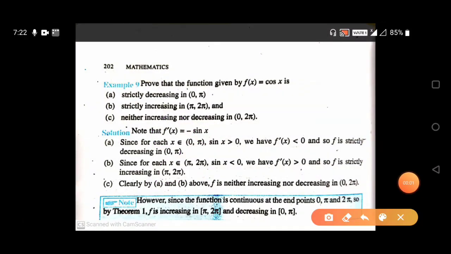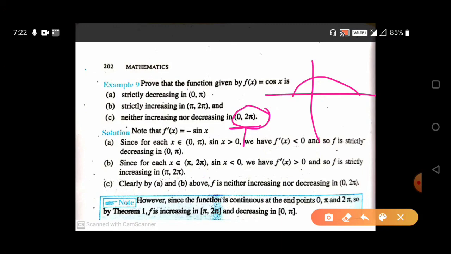Question number C, it is given that we have to prove neither increasing nor decreasing in the open interval 0 to 2π. So whenever this interval is given, in this interval we will get 0 to π and π to 2π. Two intervals we will get. We can divide this 0 to 2π interval in these two intervals. Now in the interval 0 to π, f(x) is strictly decreasing.